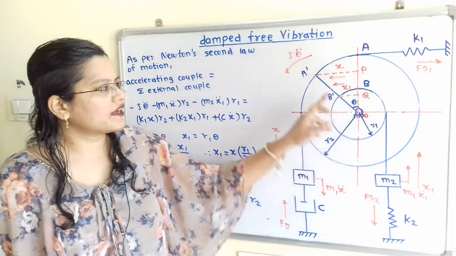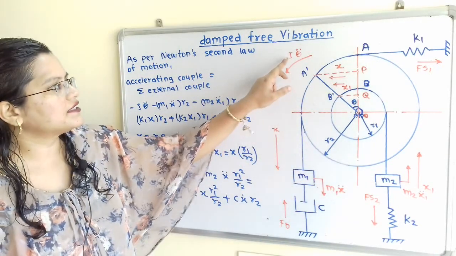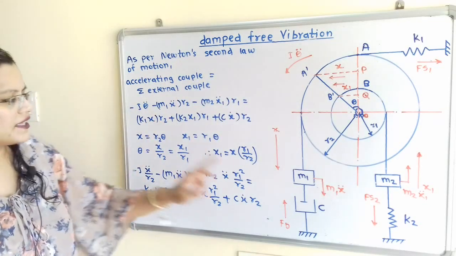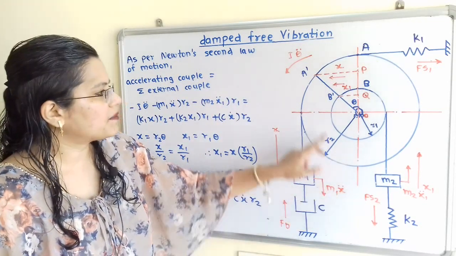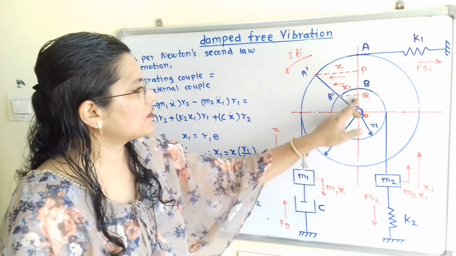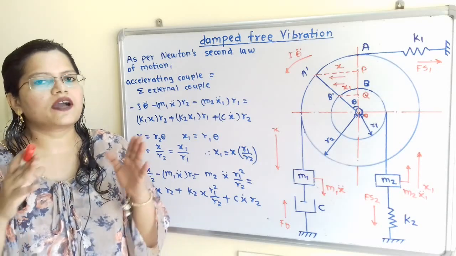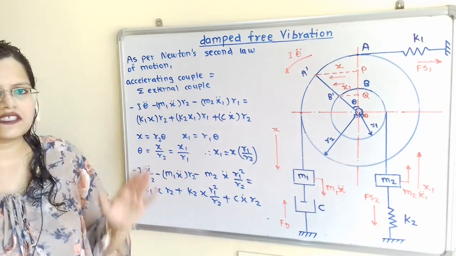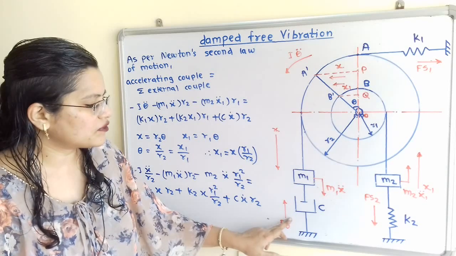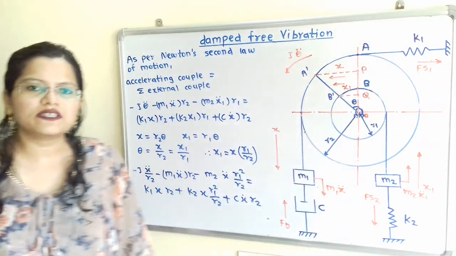So we have to take all these accelerating couples on the left hand side, that is I theta double dot, then m1 x double dot into r2, and m2 x1 double dot into r1. And the couple due to external forces comes from the damper force, the spring force with K2, and the spring force with K1.